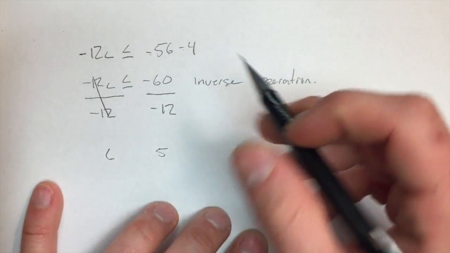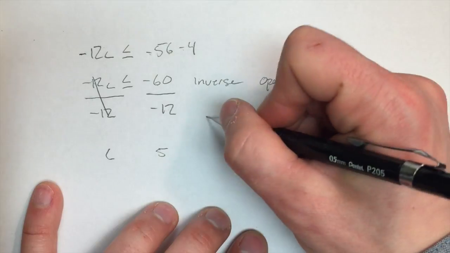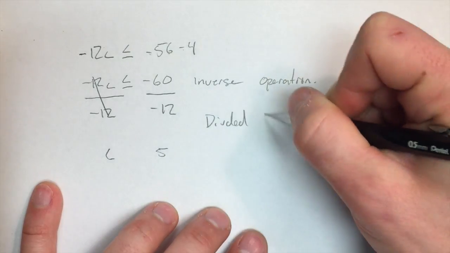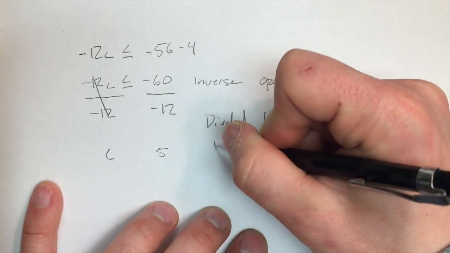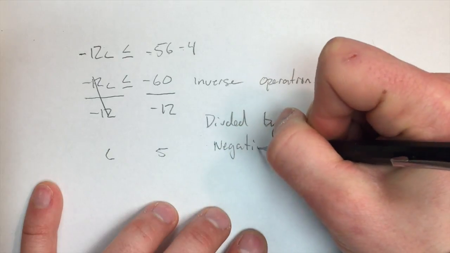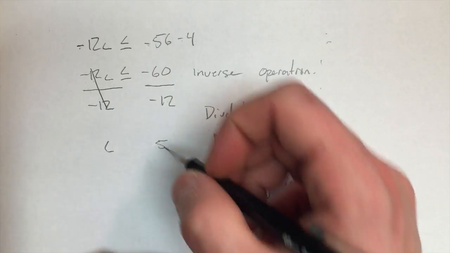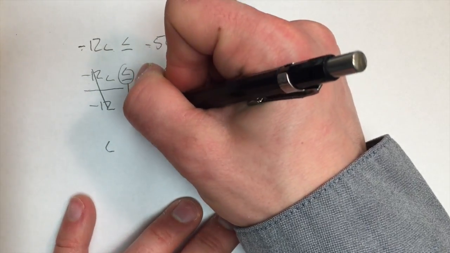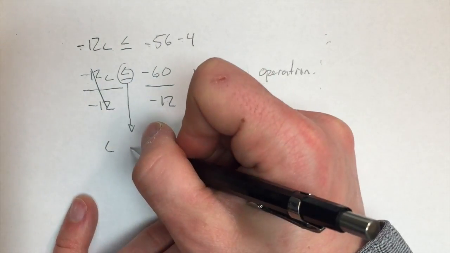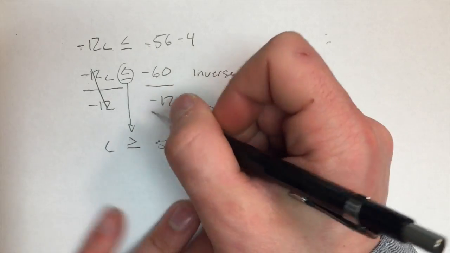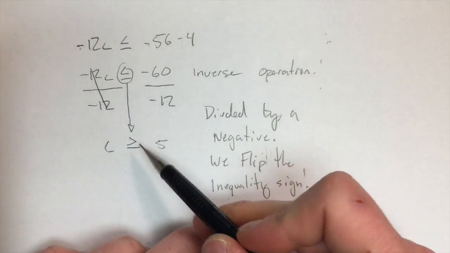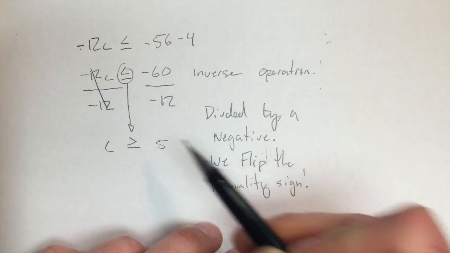But we divided by a negative. So what do we do? This is important. If we don't flip this, it's wrong. So this is going to get flipped, and it's going to turn into c is greater than or equal to 5.